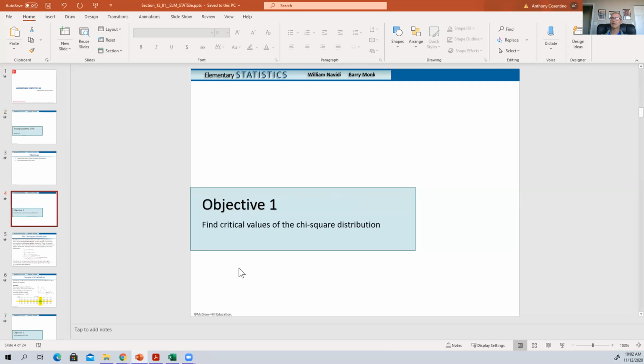Here we're again finding critical values. Just like when we were calculating z-scores and t-scores, or t-values and z-values, we're going to calculate chi-square values, and they're again predicated off of this table.